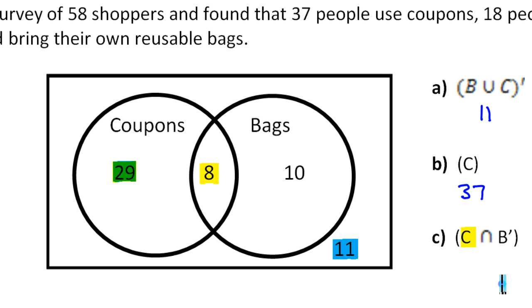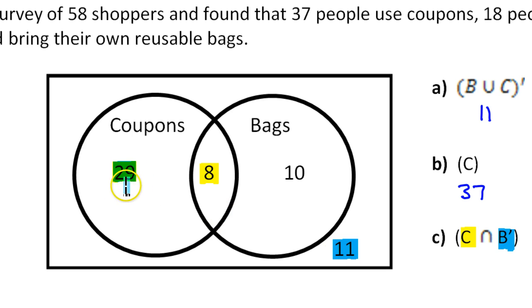Okay? Now, we want the intersection between those two groups. We want the people that are coupon users and not bag users. Well, my coupon users we highlighted yellow. My not bag users we highlighted in blue. So, who are the people that we highlighted twice?